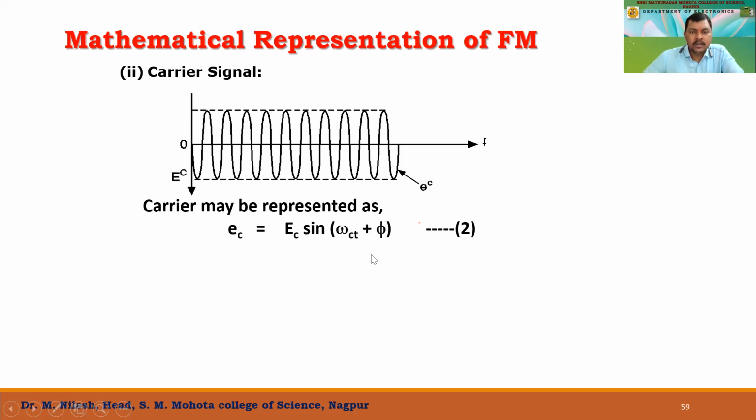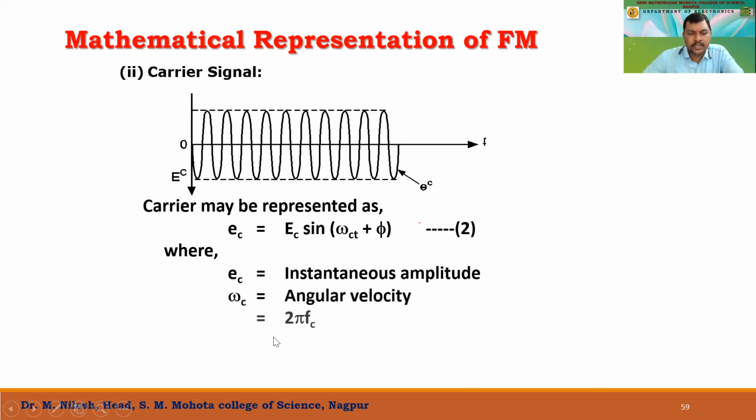Phi is the phase angle associated with this carrier wave, where ec is the instantaneous amplitude, that is, any point in the wave, and omega c is the angular velocity given by 2 pi fc, where fc is the carrier frequency. So these are the expressions for this carrier wave.